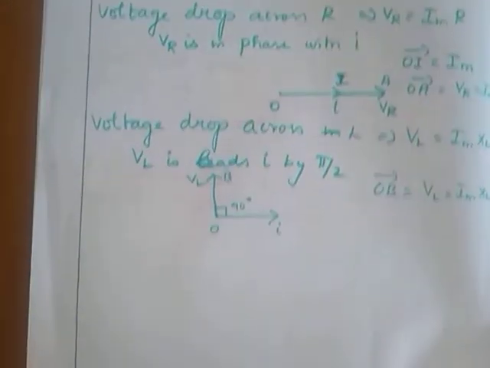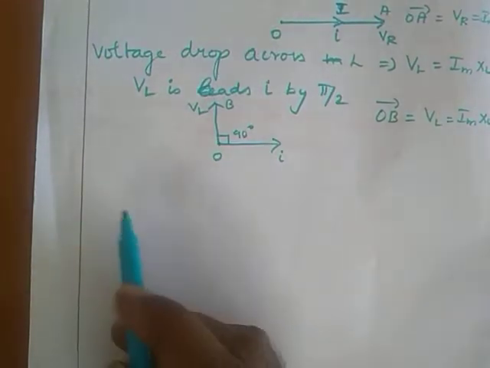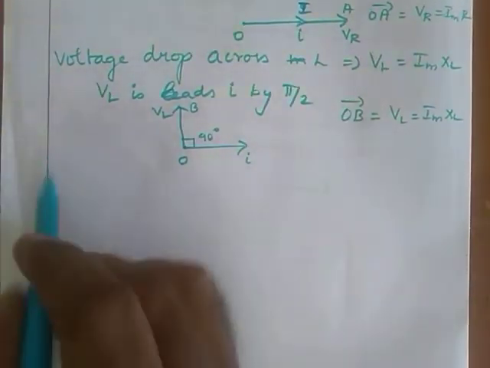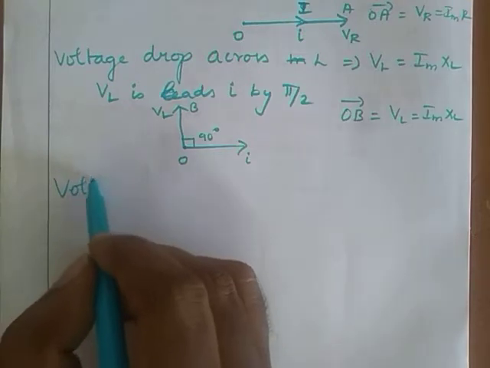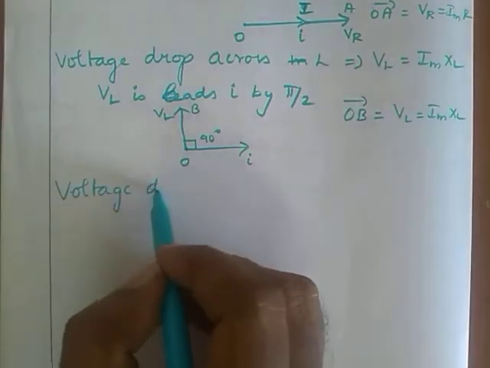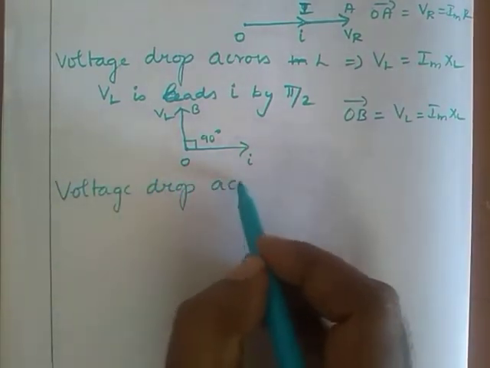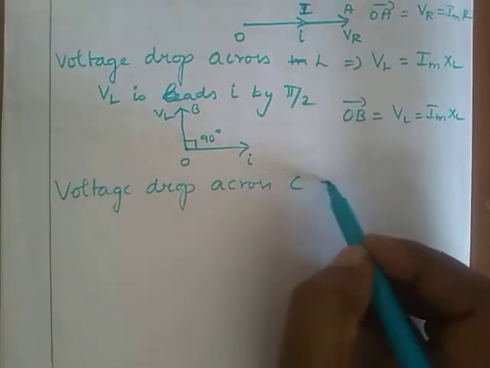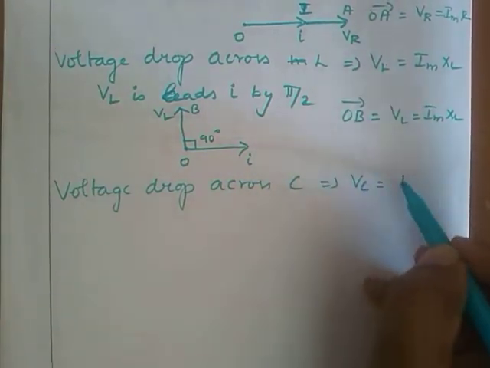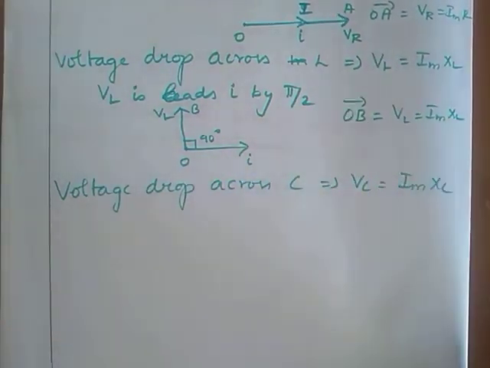The next is the voltage drop across the capacitor of capacitance C. Voltage drop across C, that is VC, is equal to Im XC.